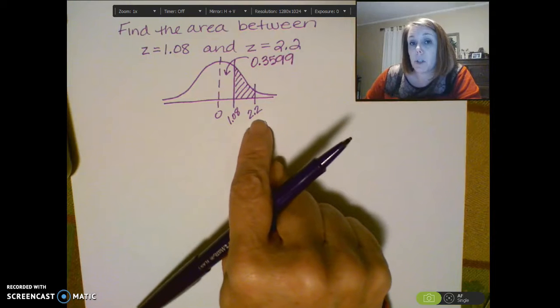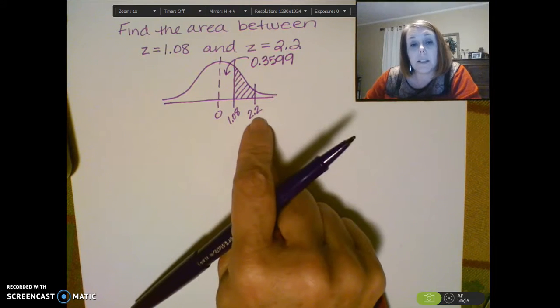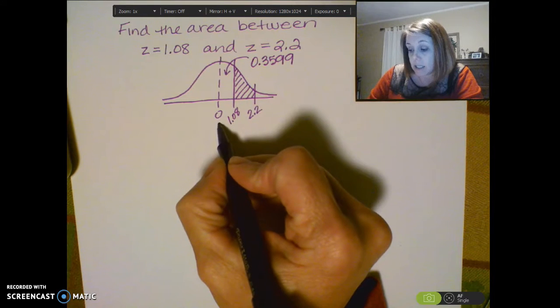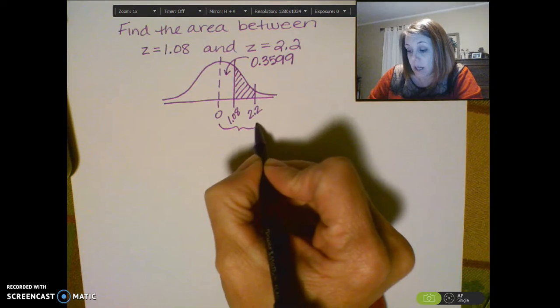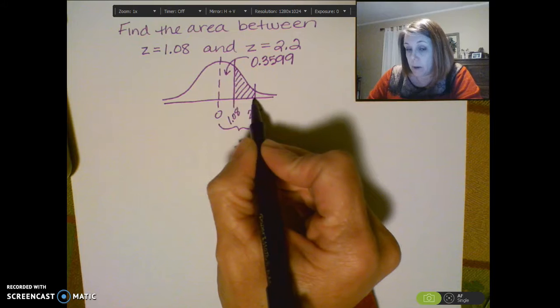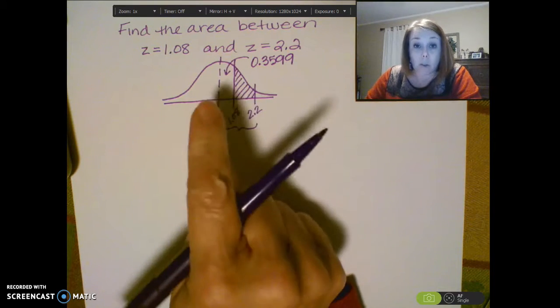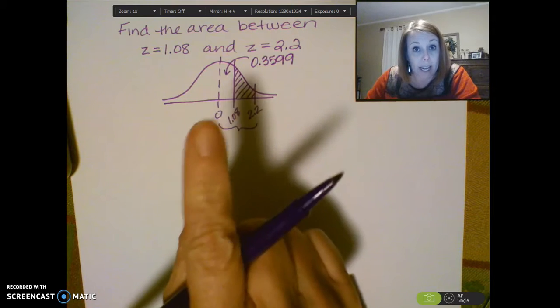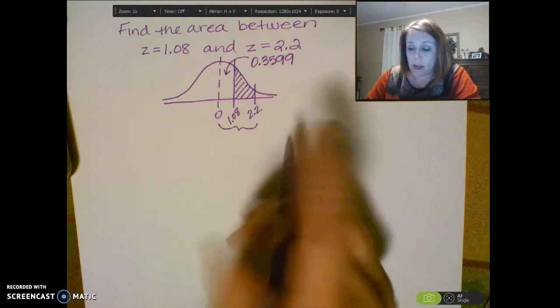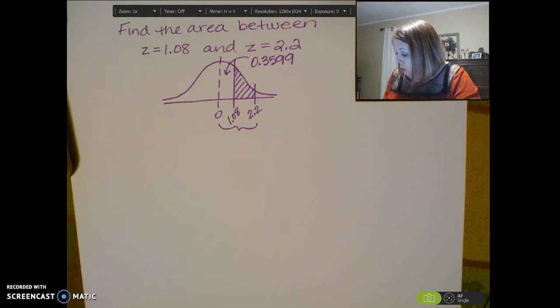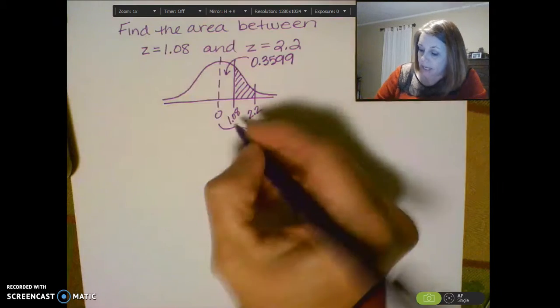Now, when we go to look up 2.2, remember the area in the table is always between 0 and that value. So what we're getting in this case is this entire area from 0 all the way over to 2.2, as if we were to shade all of that. I'm not going to do that here because it's not the final answer that I want. So if I look up 2.20, 0.4861.